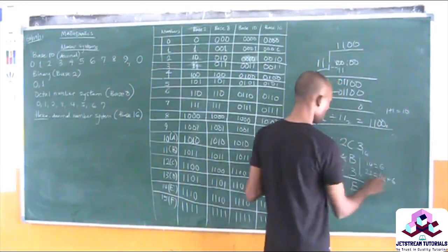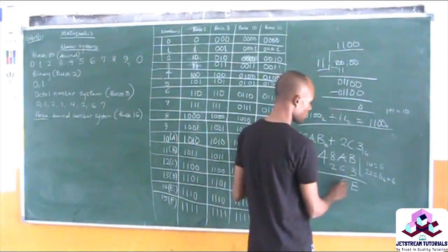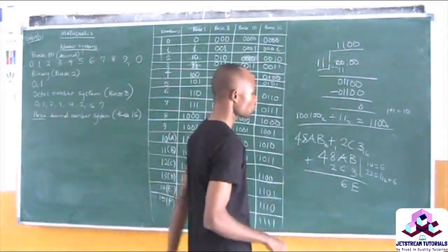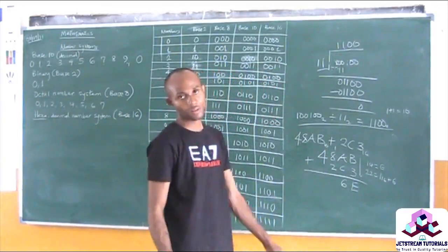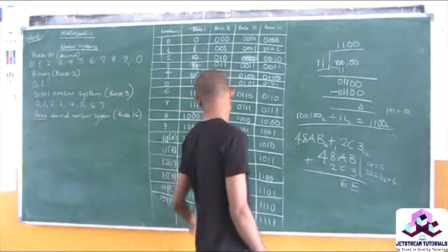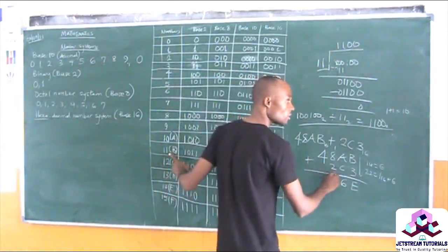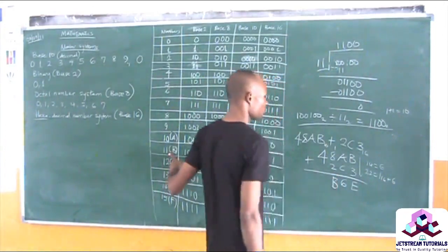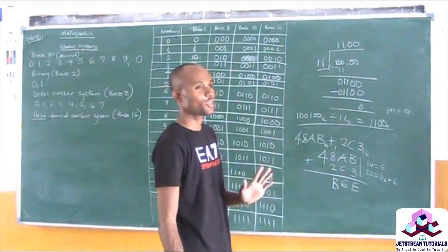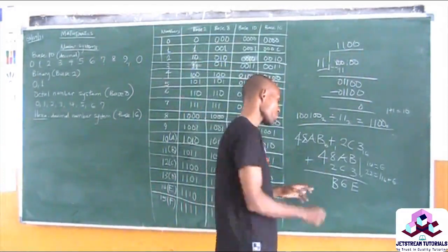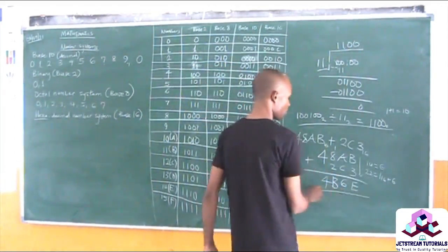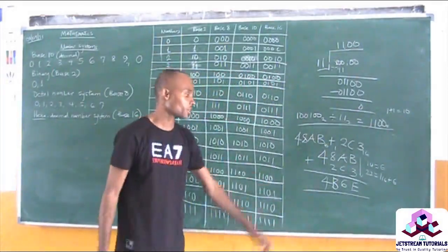Remember, we write the remainder, 6, then carry 1 here. 8 plus 2 is 10. 10 plus 1 is 11. 11 is B. So what is remaining is just our 4. So this is how to perform the calculation.